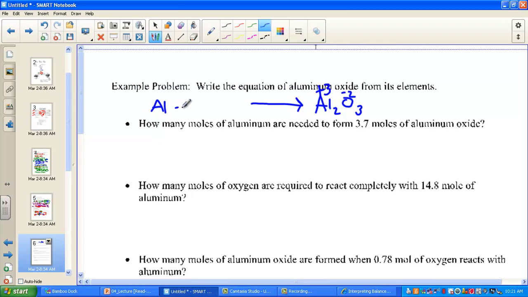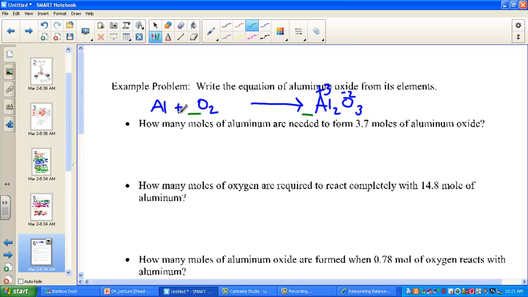Its constituent elements, the elements it's built from. Elemental form of aluminum, Al. The elemental form of oxygen is diatomic, it's molecular, O2. Al plus O2 combine to form a compound, aluminum oxide's formula, Al2O3.